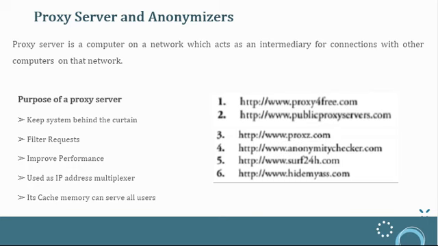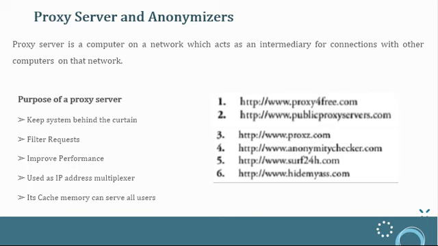Directly you cannot access Facebook there, so you use a proxy, and that proxy establishes a connection with the server that gives you access to Facebook. That is how it works. So using a proxy server, an attacker can hide his identity and become anonymous on the network.